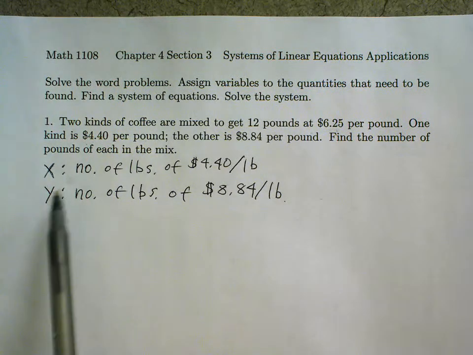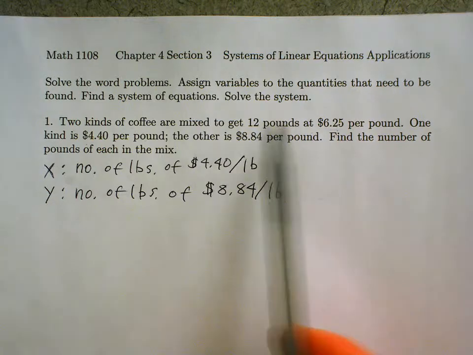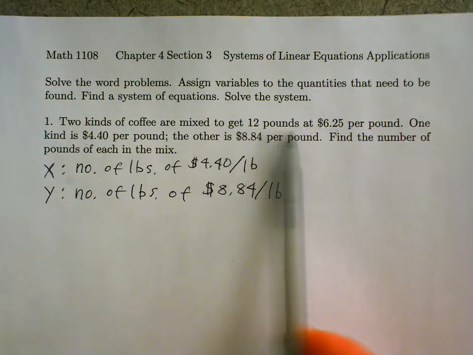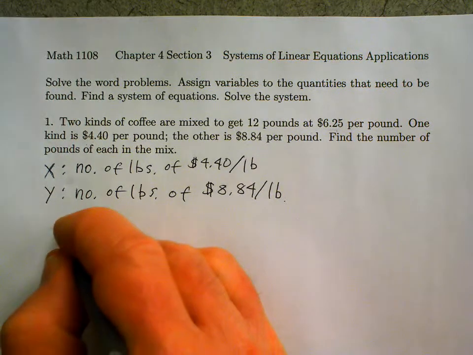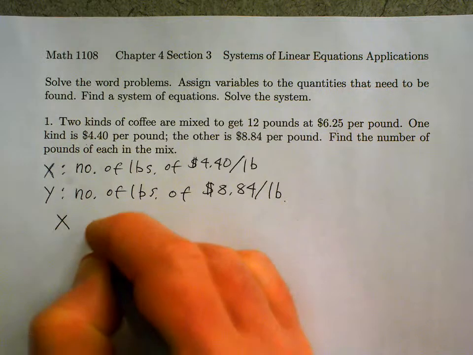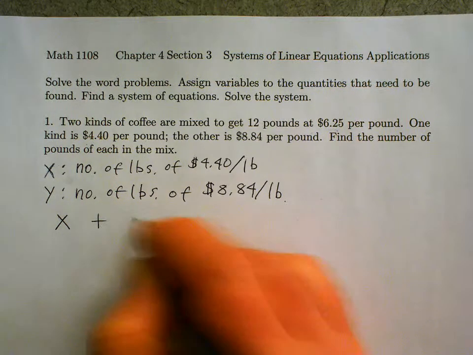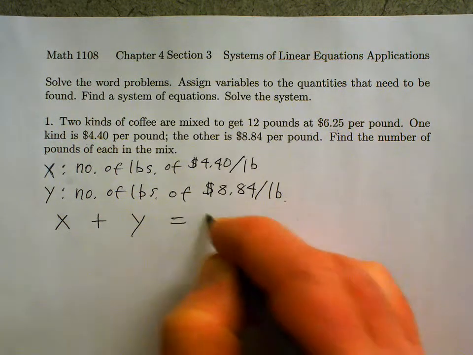Okay, when we mix them together, X pounds plus Y pounds has to add up to 12 pounds. So the first equation is X pounds plus Y pounds is 12 pounds.